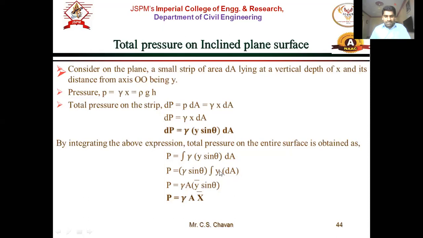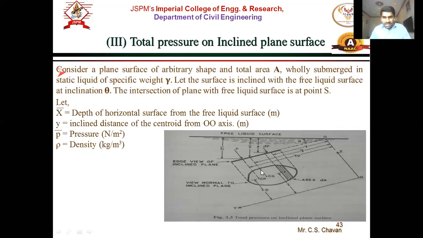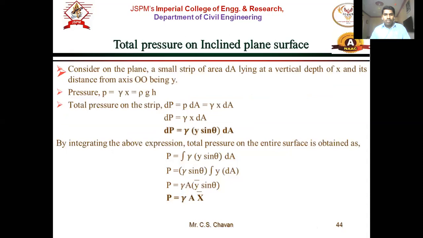The limits are from 0 to y bar, so the maximum limit is y bar. So the total pressure, P or F, is gamma A y bar sine theta.